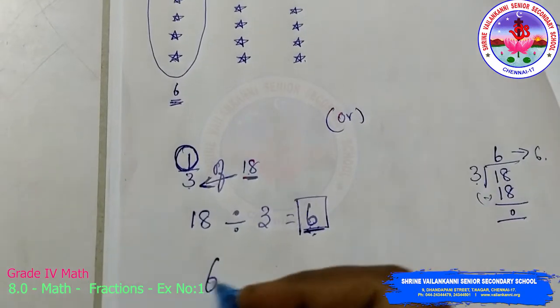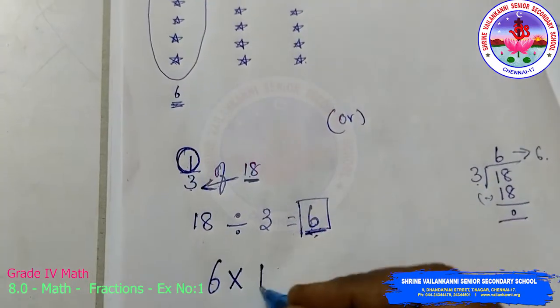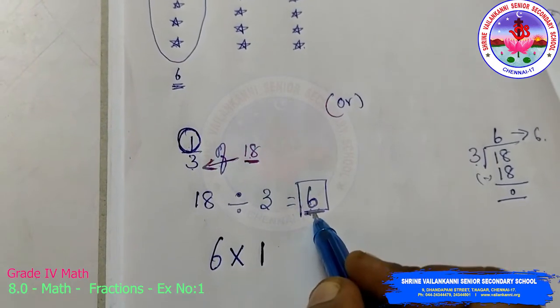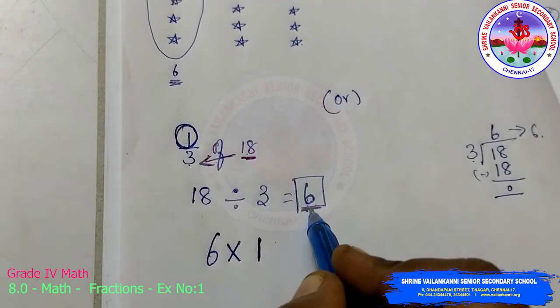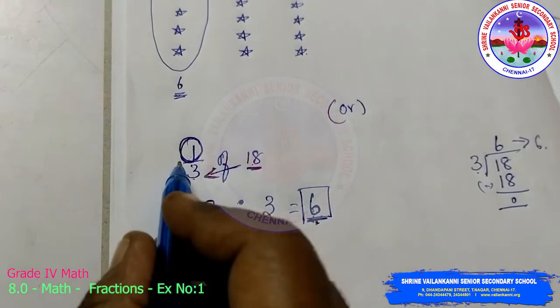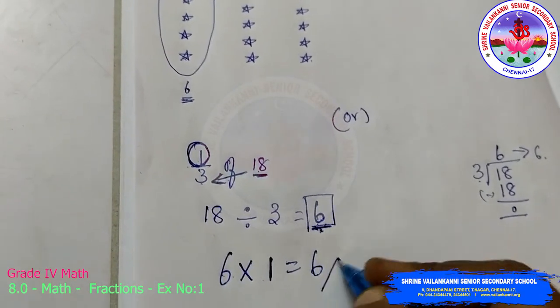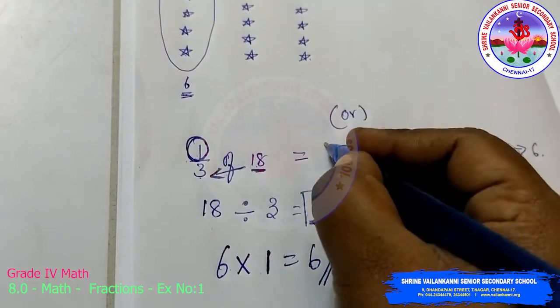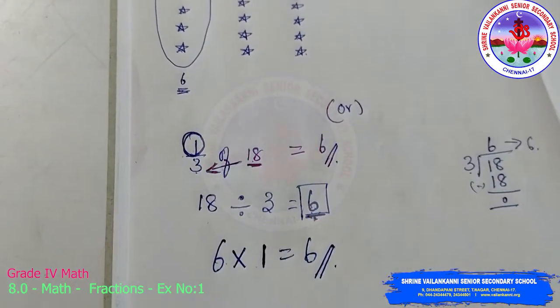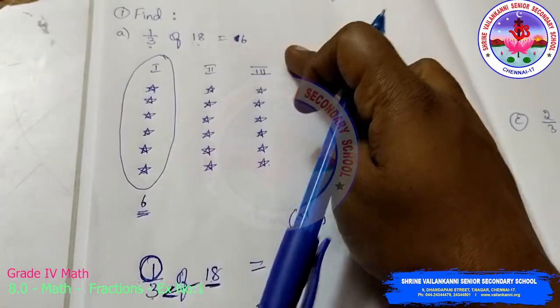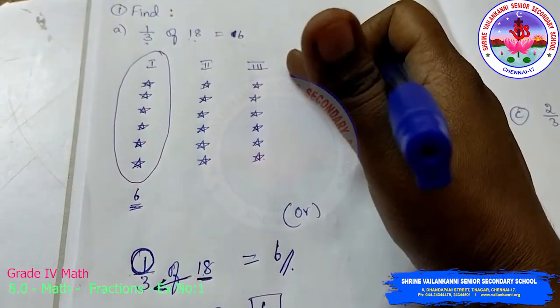This 6 value we got after doing division has to be multiplied with the numerator. So 6 into 1 gives 6. Now the 1/3 of 18 is 6, which is equal to the drawing picture method.